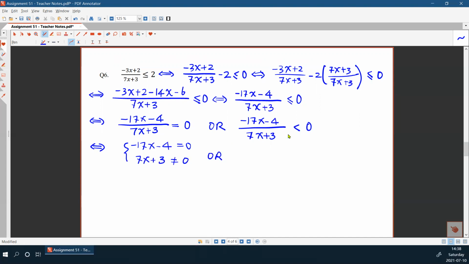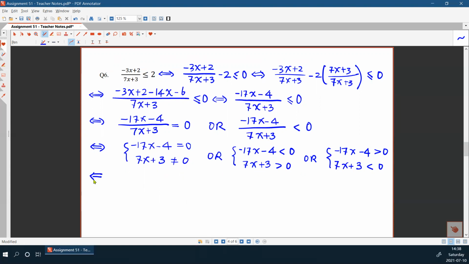And for the inequality, if the ratio of two numbers is a negative number, this is equivalent to the signs in front of the two numbers being different, right? So either we have a negative numerator and at the same time a positive denominator, or we have a positive numerator and at the same time the denominator should be negative, right?